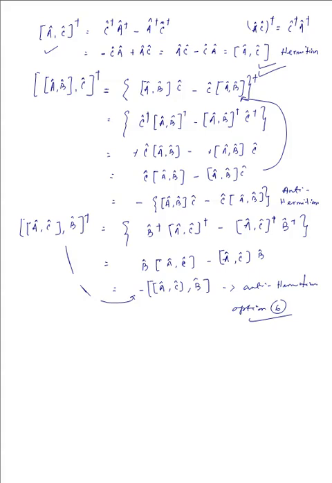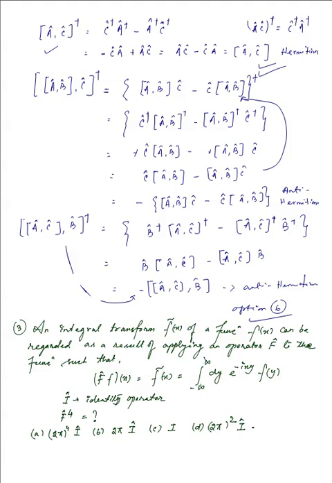It's another mathematical part that we are going to consider. Okay, in the next bit, we have an integral transform which is given by f tilde of x of a function fx. So that's an integral transform.